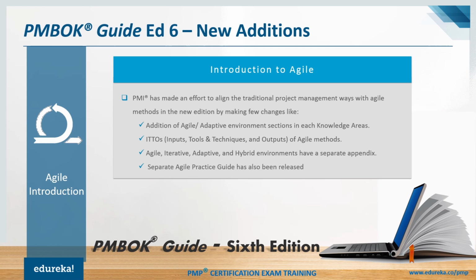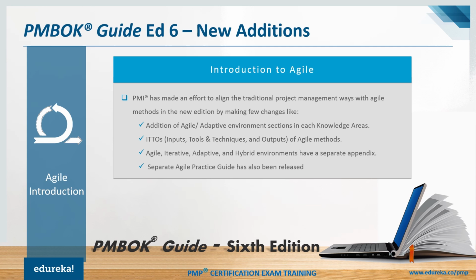Again, from the tools and techniques, inputs and outputs point of view as well, some of the agile ways of working and techniques have been specifically highlighted and covered as part of the 6th edition. Agile, iterative, adaptive, and hybrid environments. There is a separate section under the appendix, which talks about iterative ways of working, adaptive ways of planning, etc. And a separate practice guide, as I mentioned earlier, a 186 page practice guide, is also introduced.